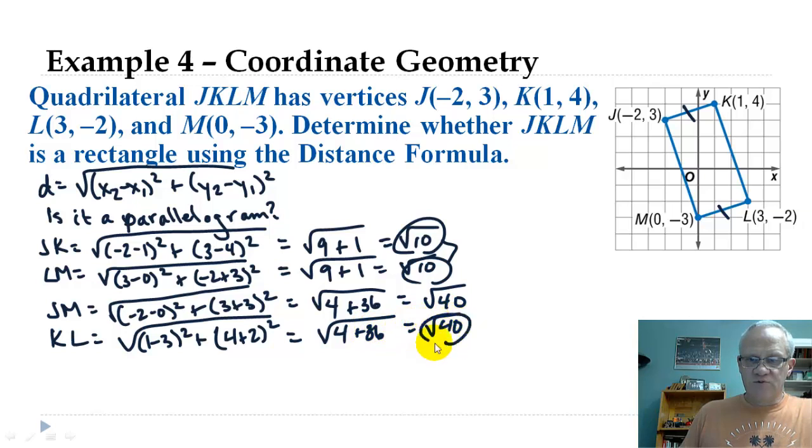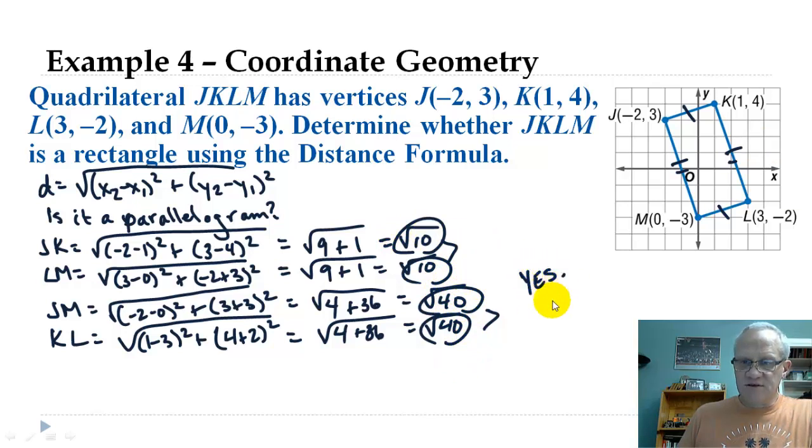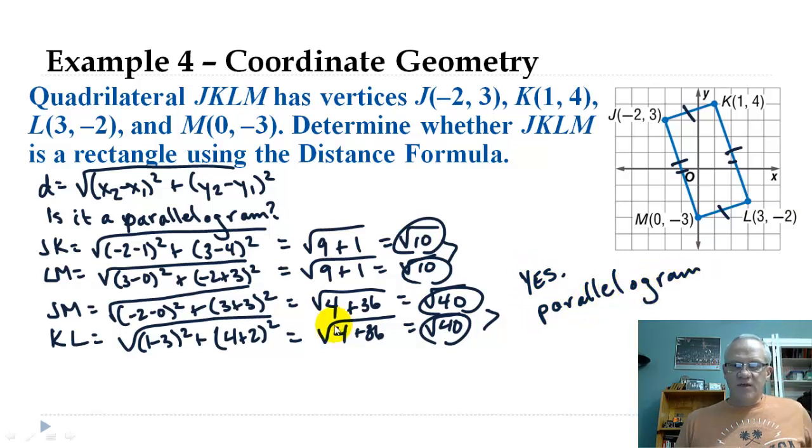Square root of 40, guess what? Those are the same. So now what we've shown so far is, yes, this is a parallelogram. If these both don't match up, we would have to say, nope, it's not a parallelogram, so it's not a rectangle.